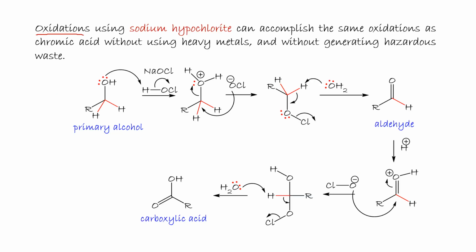Oxidations using sodium hypochlorite can accomplish the same oxidations as chromic acid without using heavy metals and without generating hazardous waste. Primary alcohol reacts with a mixture of sodium hypochlorite in HOCl, first protonation, proton transfer, then the hypochlorite attacks as a nucleophile, kicking the water molecule out.